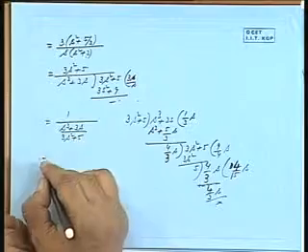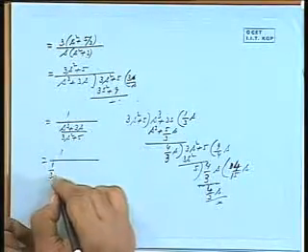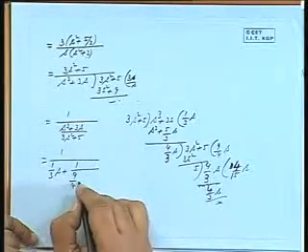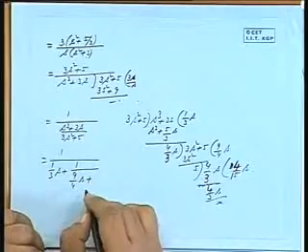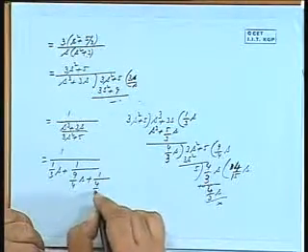So this can be written as 1 by (1/3 s) plus 1 by (9 by 4 s) plus 1 by (4 by 15 s).